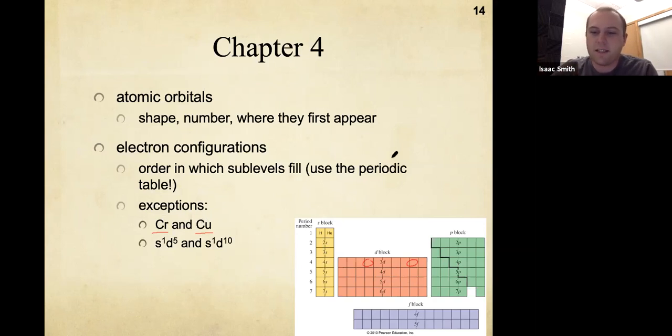And then obviously any other element, like carbon, you should be able to write the electron configuration for carbon or for any element that I choose. But I wouldn't choose anything that has an exception unless it was chromium or copper. Okay.